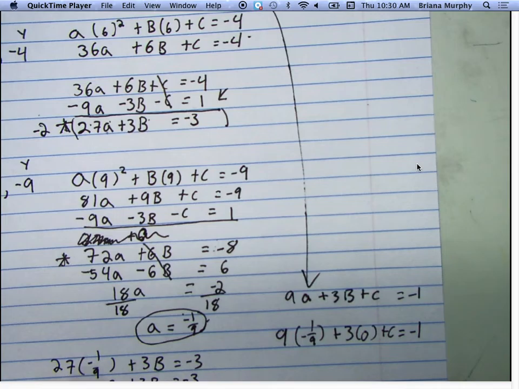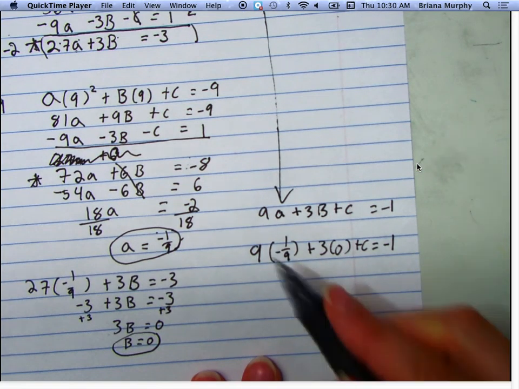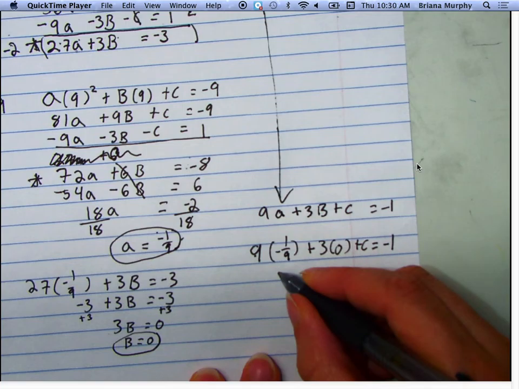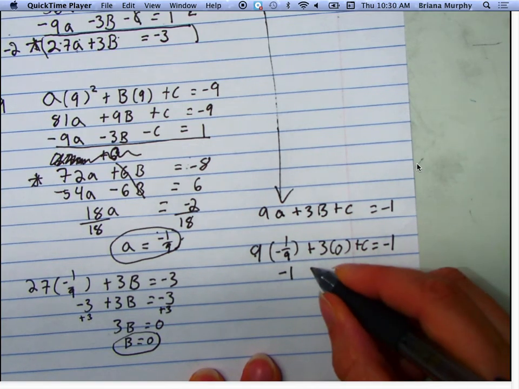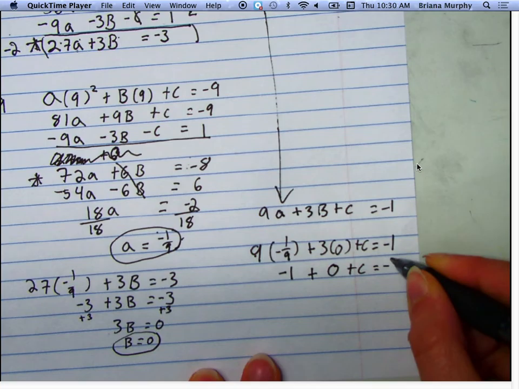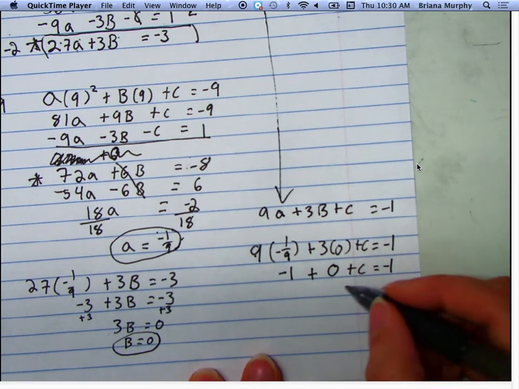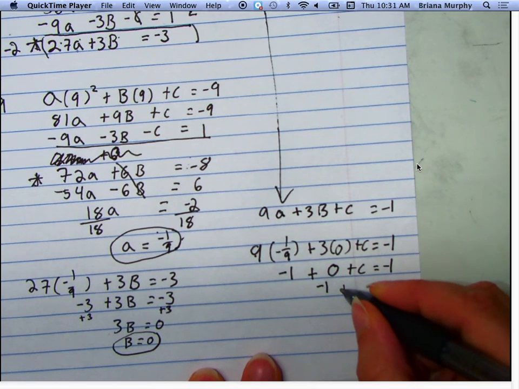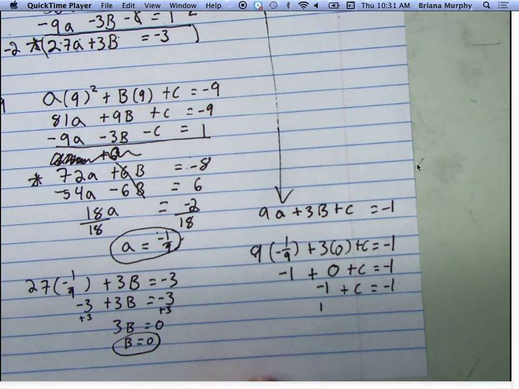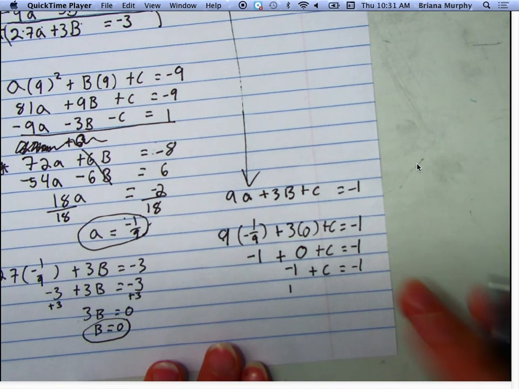Better? Okay. So 9 times negative 1/9 is negative 1, right? Plus 0 plus C equals negative 1. So negative 1 plus 0 is negative 1. Plus C equals negative 1. Is that a parentheses after the 36? There's no 36.